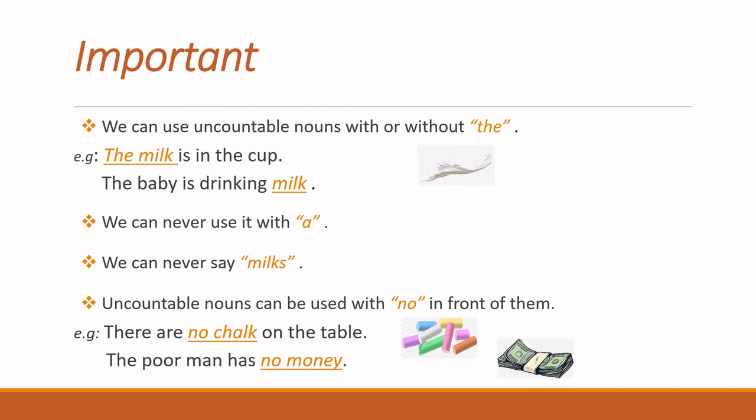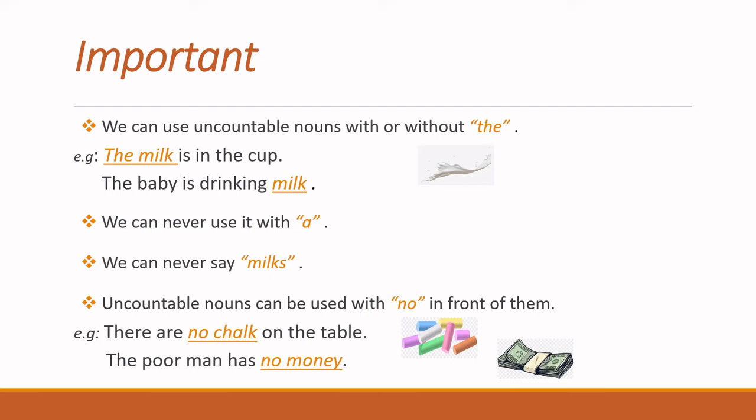Few important facts are given. First one, we can use uncountable nouns with or without the. The milk is in the cup. The baby is drinking milk. Both the sentences are correct.